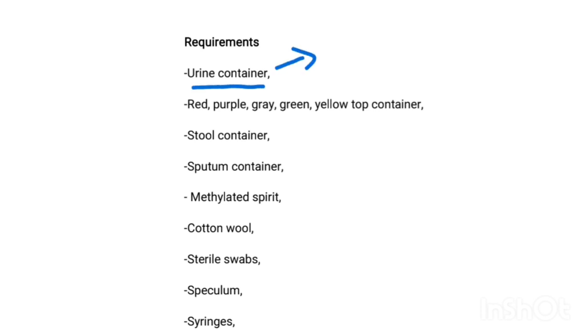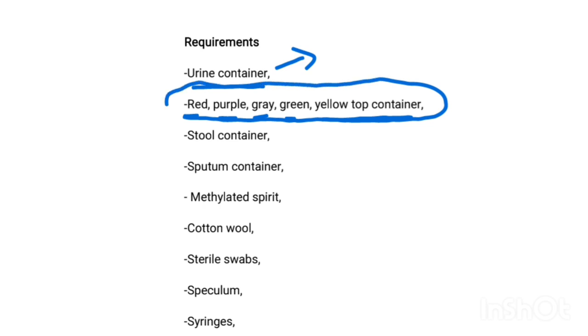We need a red top container, a purple top container, a gray top container, a green top container, a yellow top container. These are very important for the specific tests, and I will explain why these have to be appropriate. We have a stool container and a sputum container.